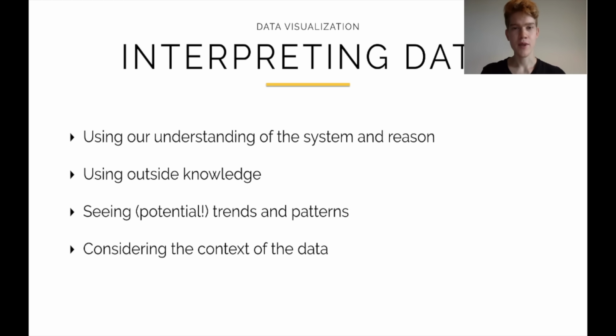And then we go over to interpreting data, and we've touched on this in the last section already, but data visualization allows you to see this data, and it allows you to apply some reasoning to the system. If you look at data, either you see something, which is great, that means you can try to test something, see if it's actually there, or you don't see anything.